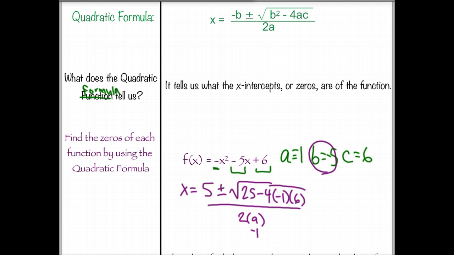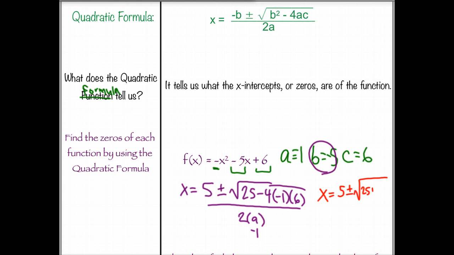So if we rewrite this, we have x is equal to 5 plus or minus the square root of 25. And we know that 4 times -1 times 6 is a -24. So we're subtracting a -24.